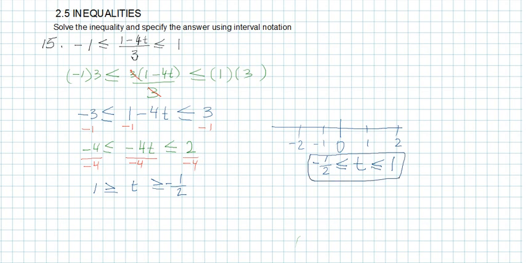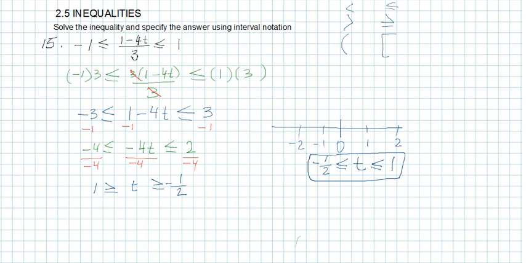Now they want to specify the answer using interval notation. When using interval notation, you use a parenthesis if it's just greater than or less than, and you use a bracket when you have greater than or equal or less than or equal.